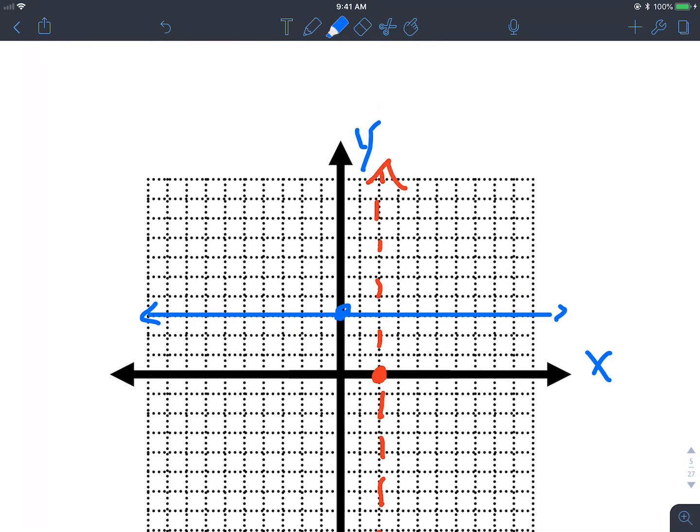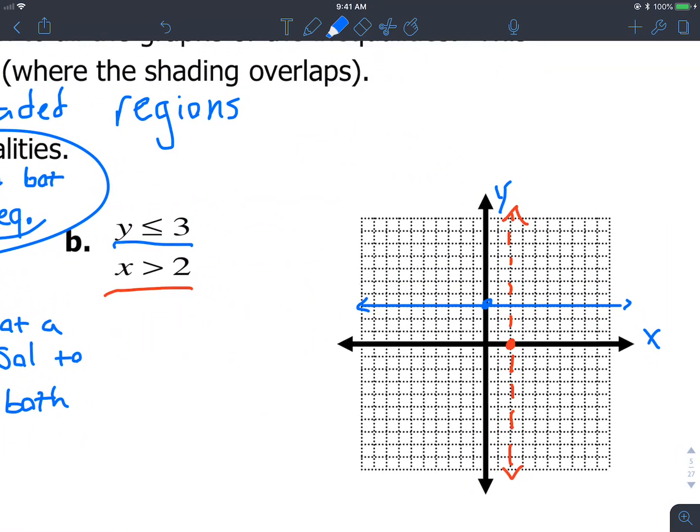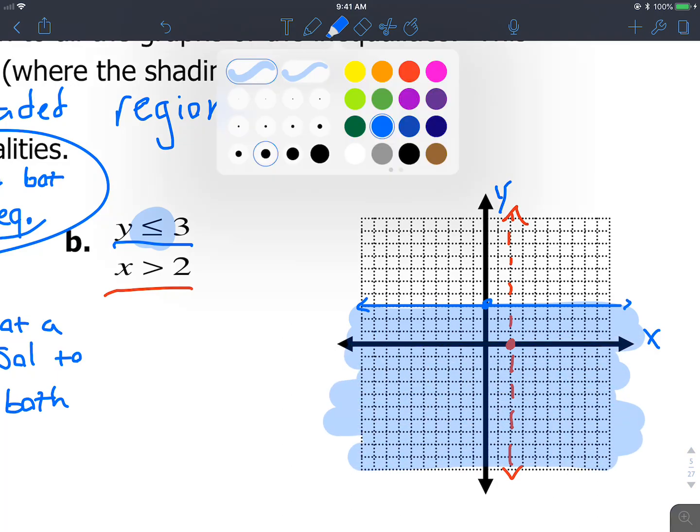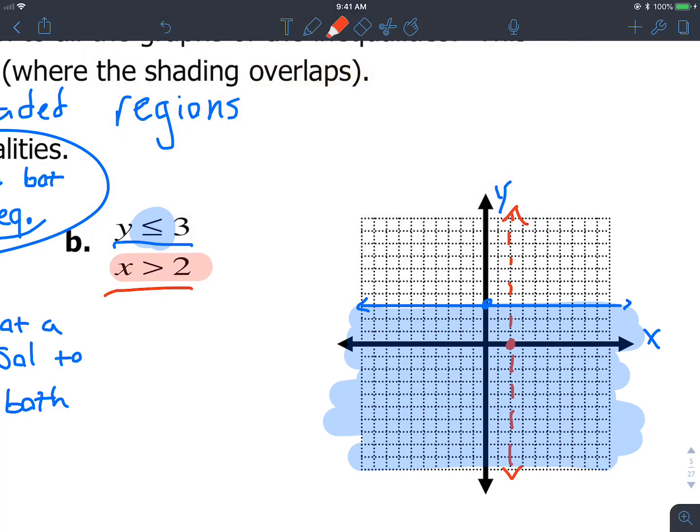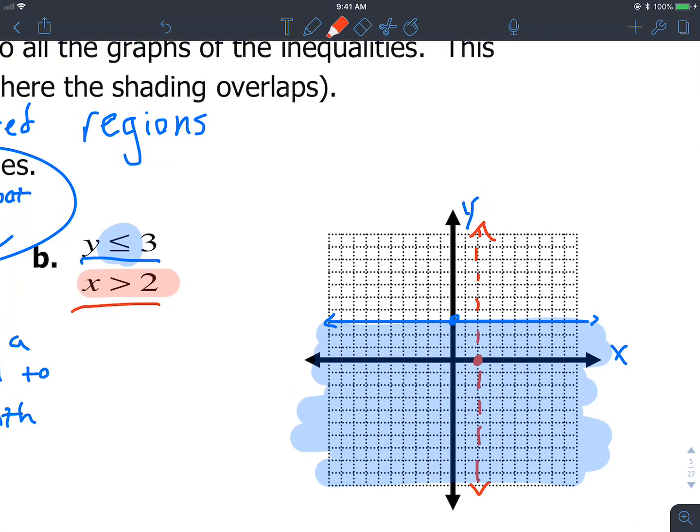Now let's get to shading. For the blue line, we have y less than or equal to 3, so that's everything below the blue line. And then you also have x greater than 2. You don't have up and down when you're dealing with equations with x, so you have to do left and right.